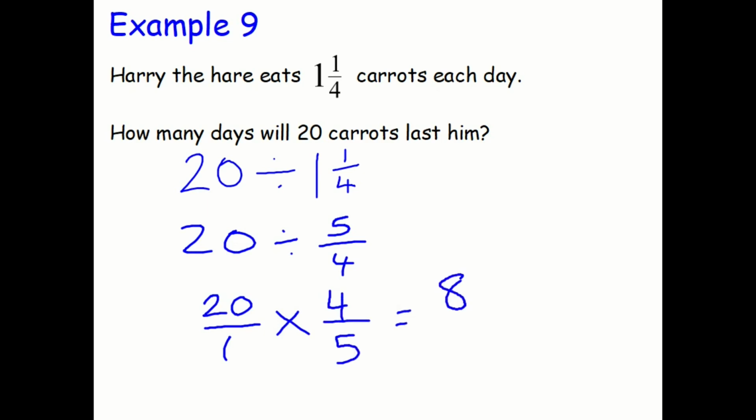This becomes 80 divided by 5, which is 16. So, how many days will 20 carrots last him? 16. Again, ask yourself if it makes sense. If he's eating more than 1 whole carrot a day, then it makes sense that 20 carrots will last him less than 20 days, because he's eating more than 1 carrot each day.